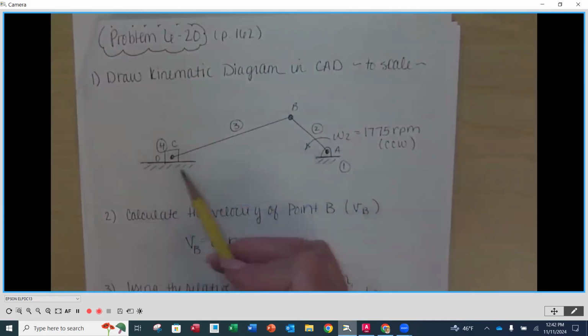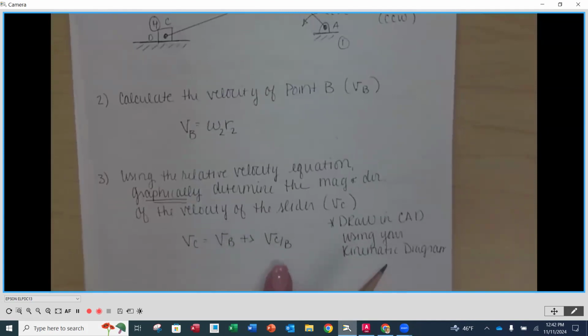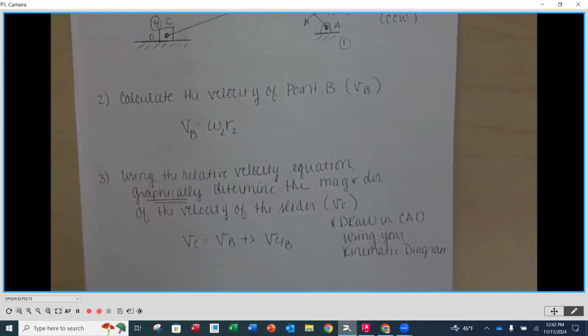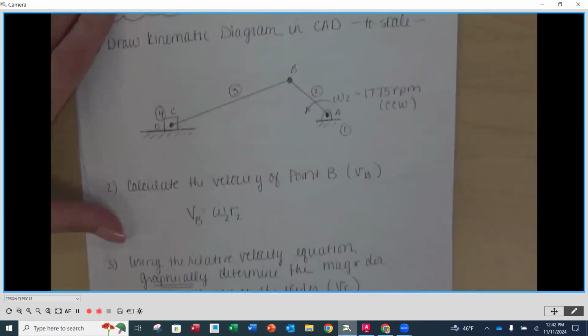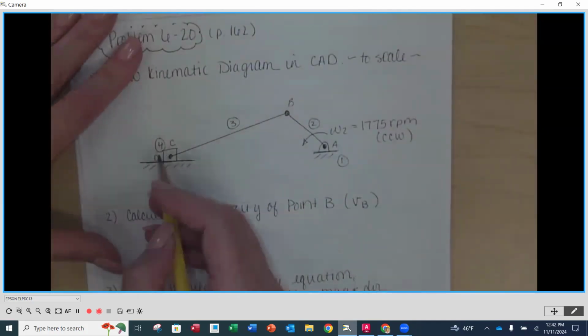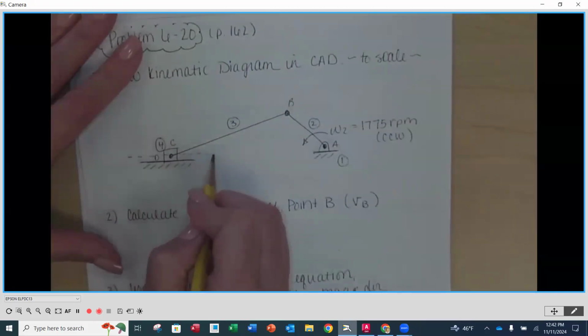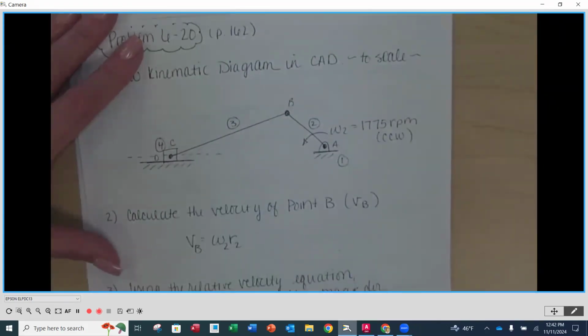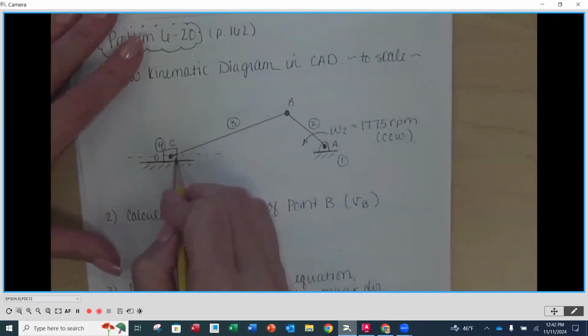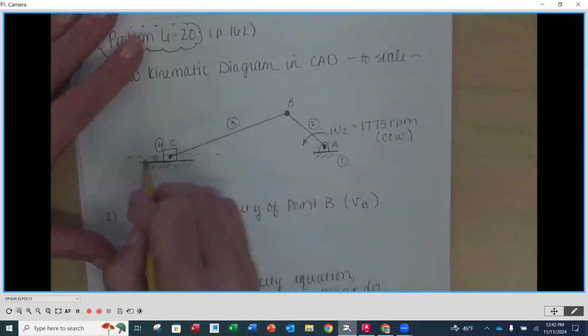Now, because these are not directly connected, we need to use that relative velocity equation to solve for the velocity at C, okay? So as we stated earlier, if this is a slider, its line of action is going to be horizontal in this case. So we can say that the velocity of C is going to be along that line.